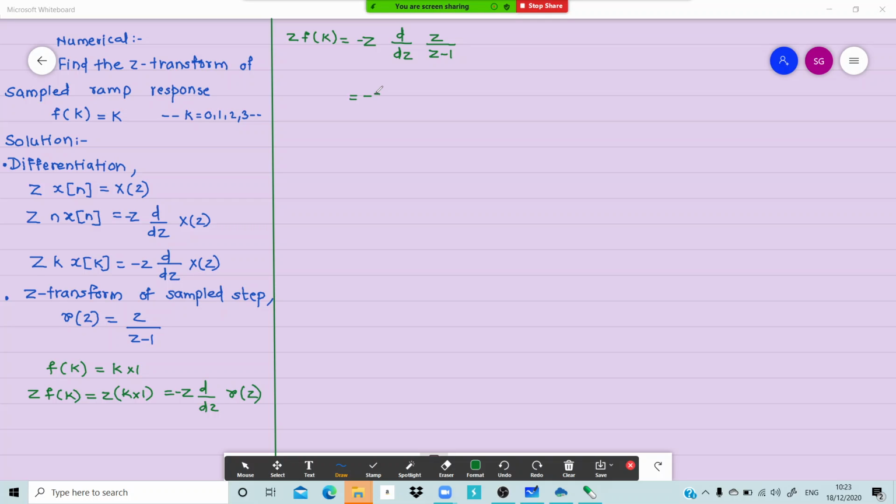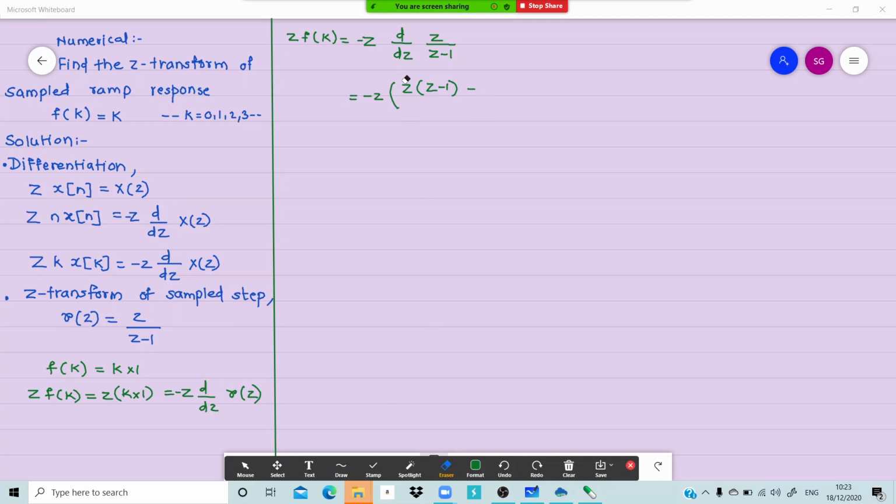So minus z, and we'll keep the z as it is, and the derivative of this is going to be... actually, I should write the reverse thing.